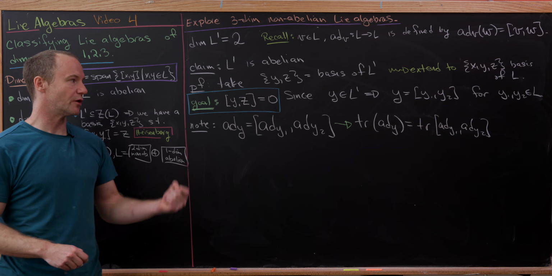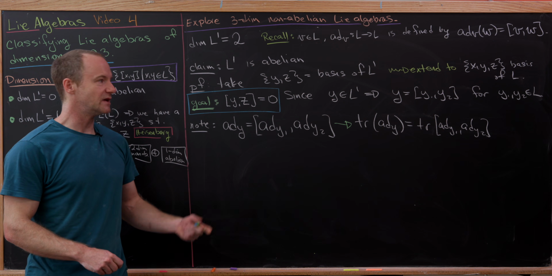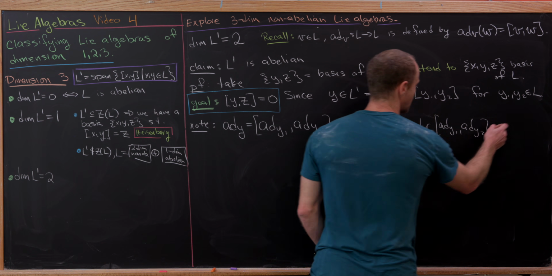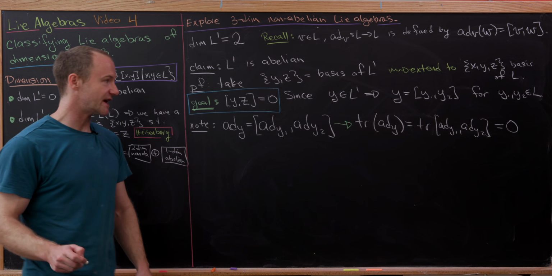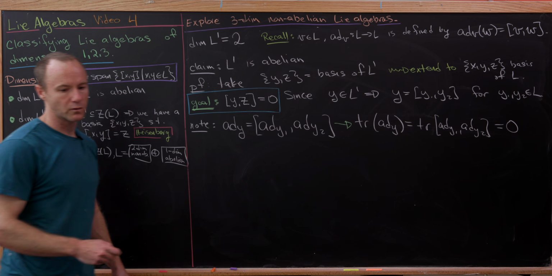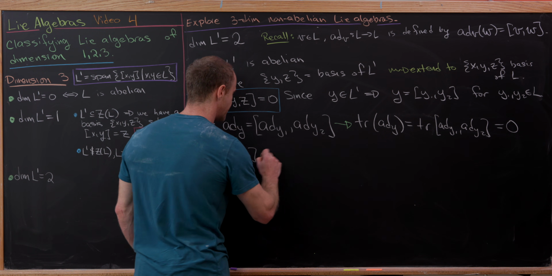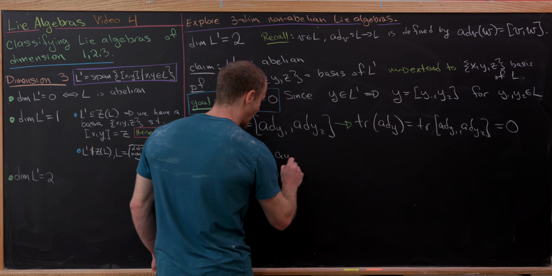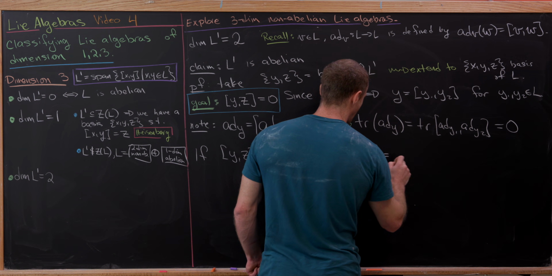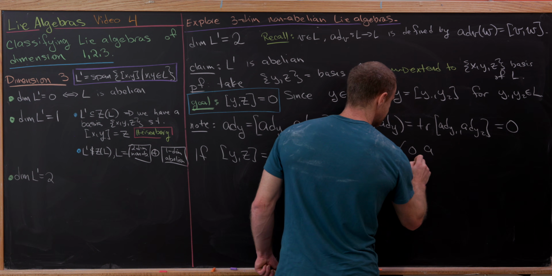Since we can express both of these as matrices, this is essentially the trace of the commutator of two matrices, which by that homework exercise was equal to 0. So we have the trace of the adjoint action of Y is equal to 0. Okay, but what does that mean? Well, if we have the bracket of Y with Z equal to aY plus bZ, then the adjoint action of Y is represented by the following matrix: 0, a, 0, b.